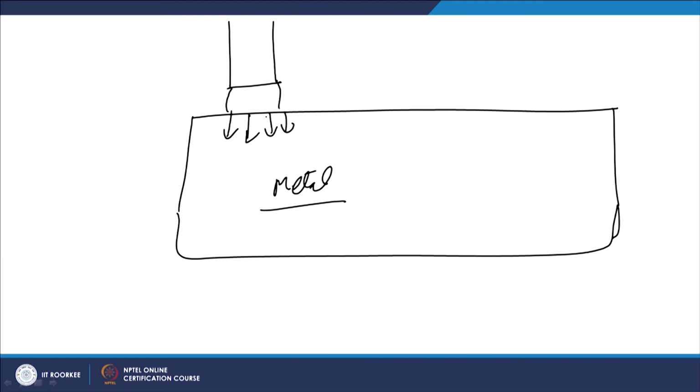So, if the energy density associated with the heat source or the welding process is low, then the heat to be supplied for facilitating the fusion will be more, because a low energy density process will require longer time to deliver the required amount of heat, so that the fusion can be facilitated, and therefore we need to provide more heat.